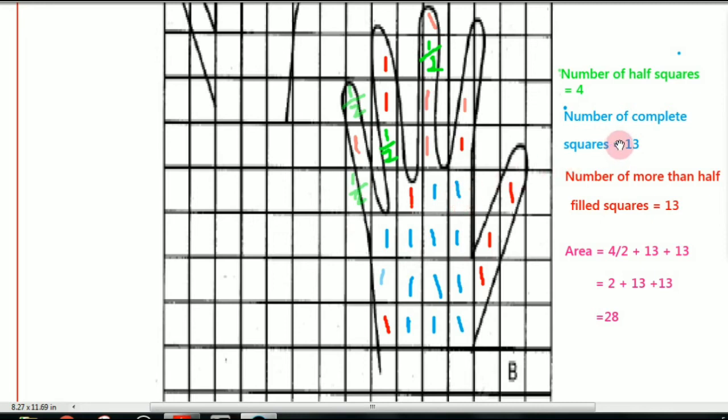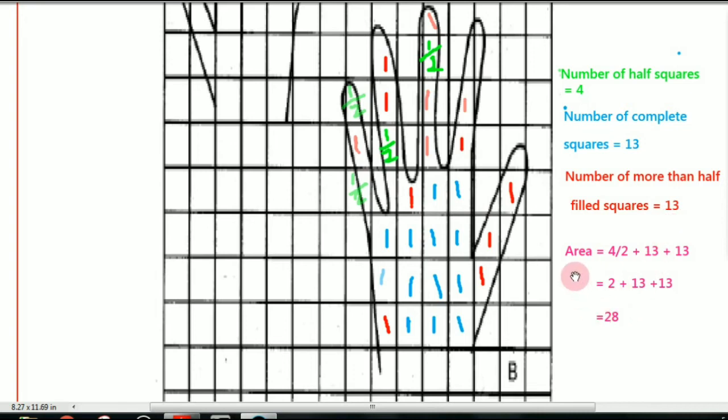So 13 are number of complete squares. Then I have marked number of more than half filled squares in red color. So here 1 to 13. So number of more than half filled square is equal to 13.